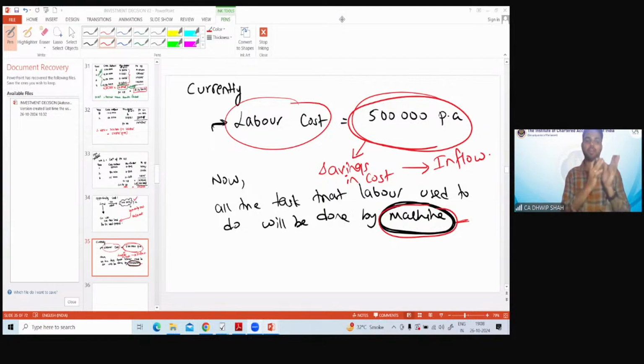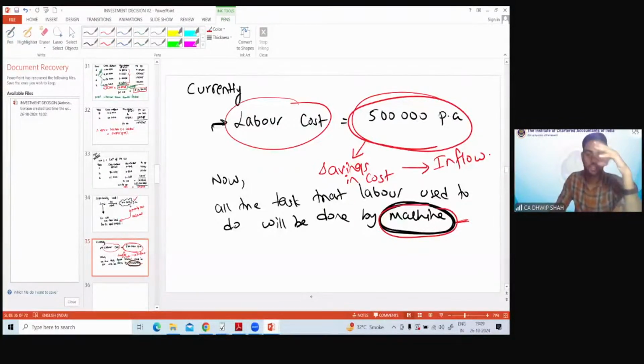Clear? Opportunity cost outflow and savings in cost inflow. So you need to consider this while calculating outflow and inflow for NPV. Opportunity cost is always an outflow because you have lost that opportunity to earn something. So keep this in mind.